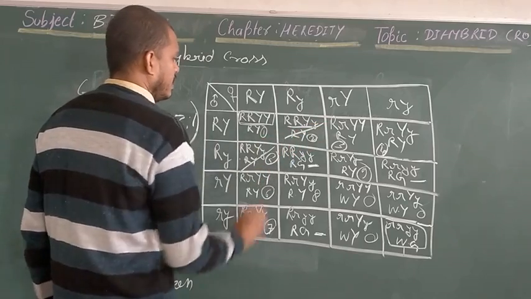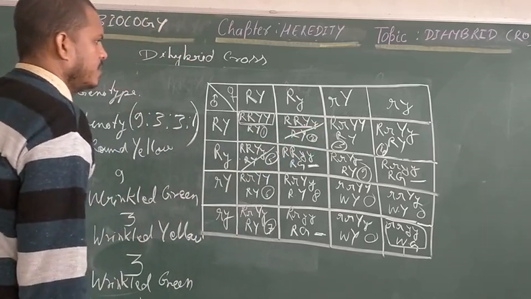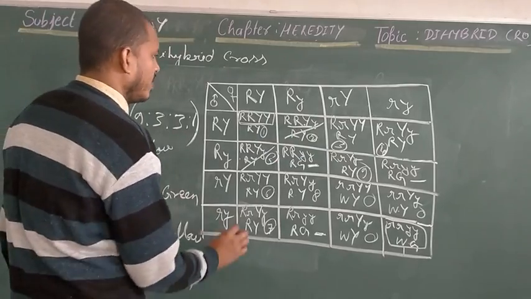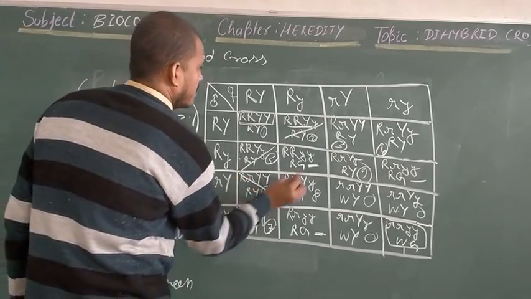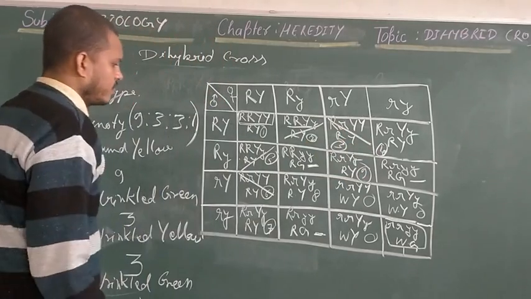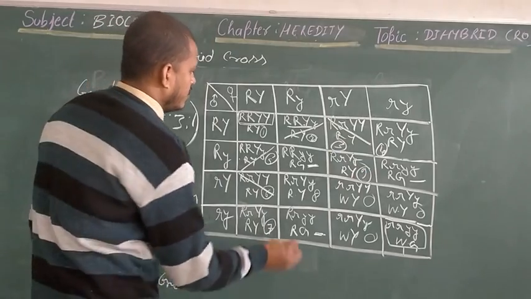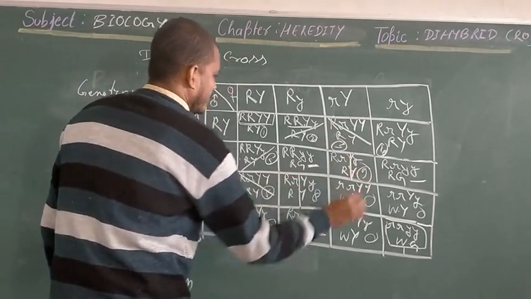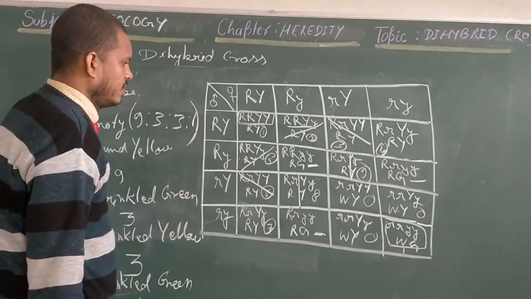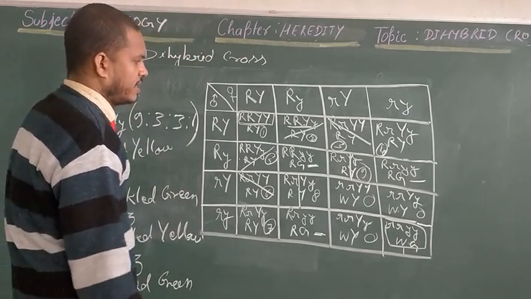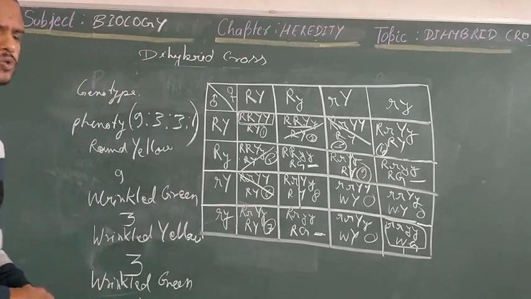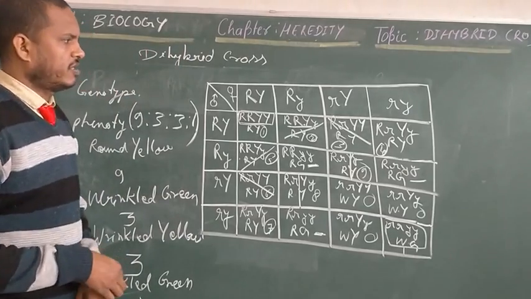They have the same pattern. So you have to find such ones, and this one. Yes, this one is going to be the same. In this way you will find the genotype. So in this way 1:2, 2:2, 1:2. In this way you will get the ratio.